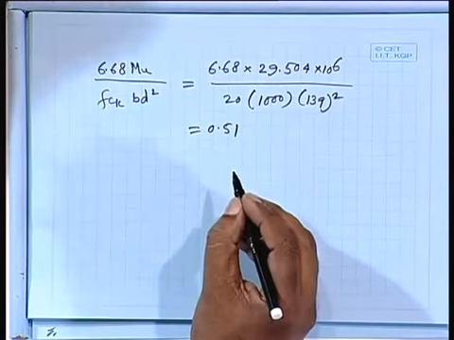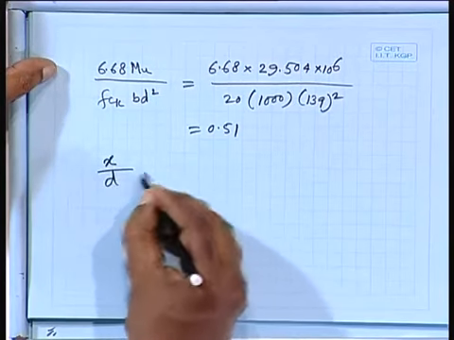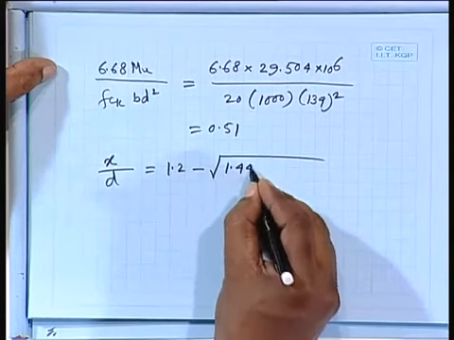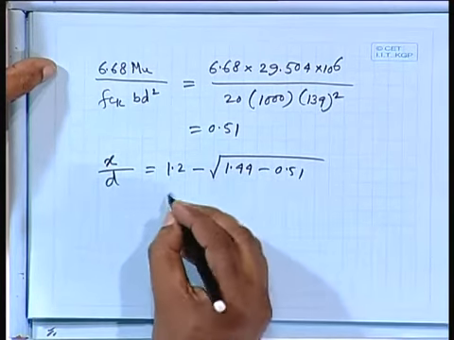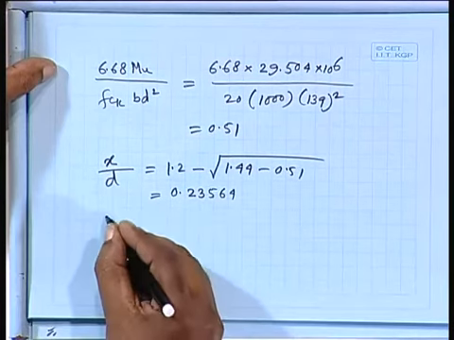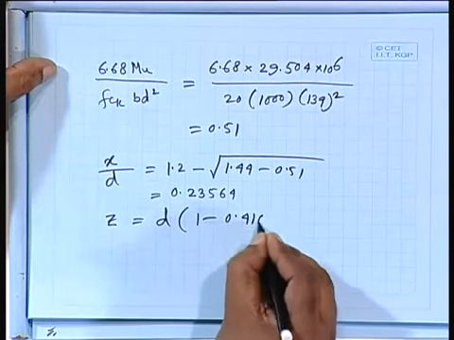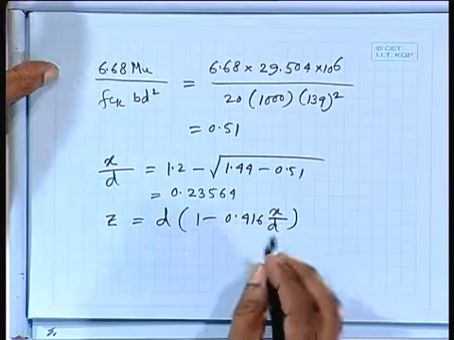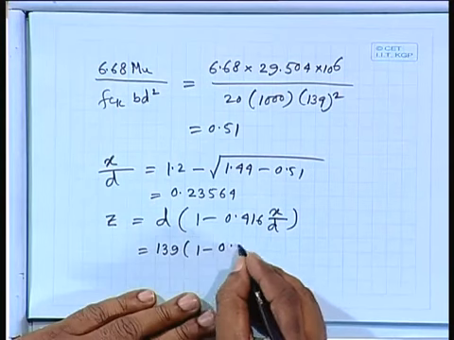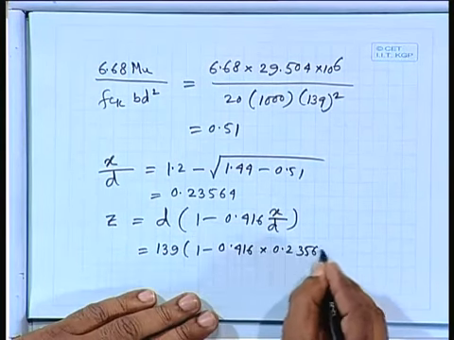So x by D equals 1.2 minus root over 1.44 minus 0.51, equals 0.23564. Therefore, z equals d times 1 minus 0.416 x by d, equals 139 times 1 minus 0.416 times 0.23564.